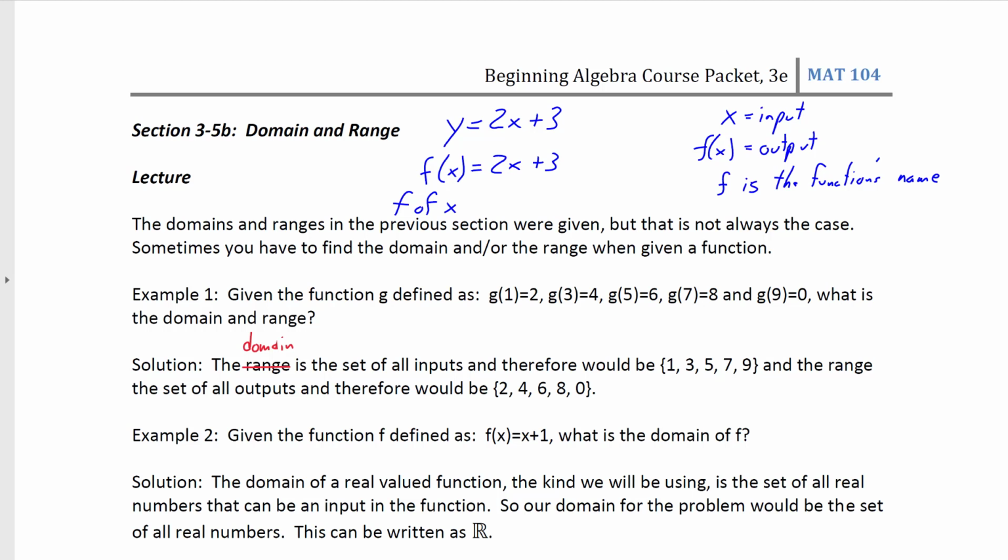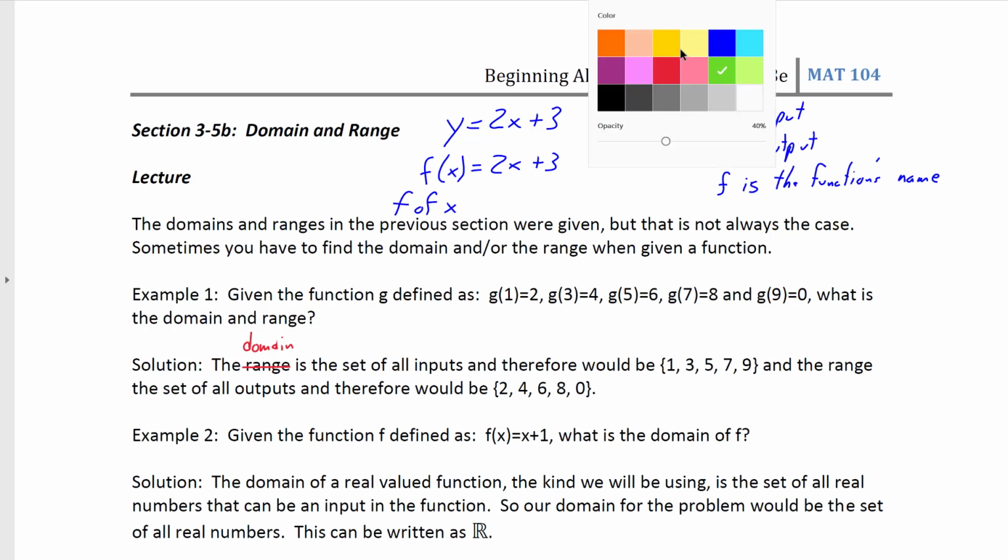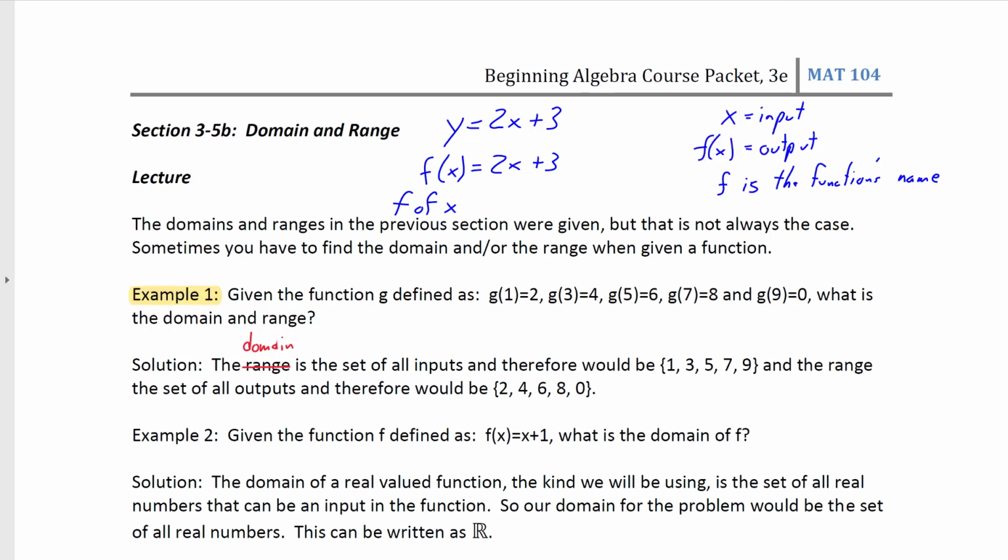All right, now that we've talked a little bit about that, let's take a look at example 1. This is all on page 165 in your textbook, by the way. Given the function g, so there's our function's name, defined as g of 1 equals 2, g of 3 equals 4, g of 5 equals 6, g of 7 equals 8, and g of 9 equals 0, what is the domain and range?